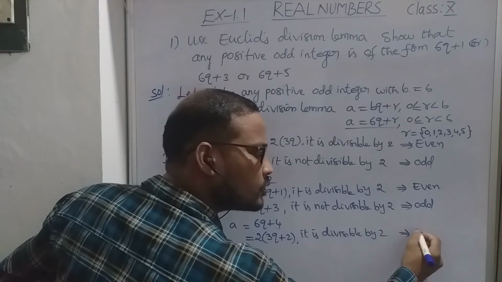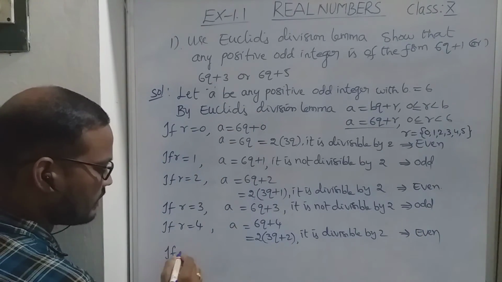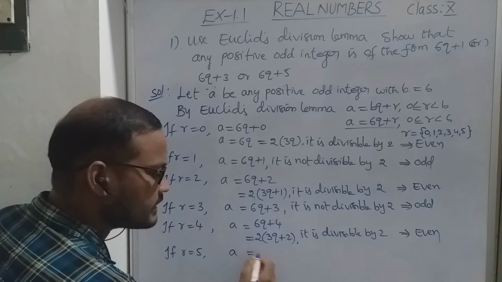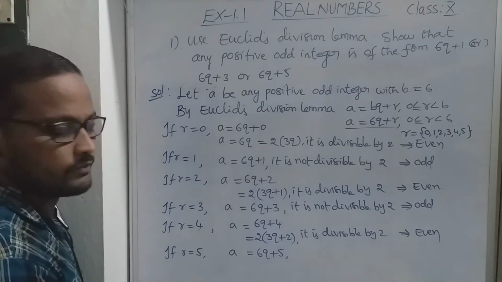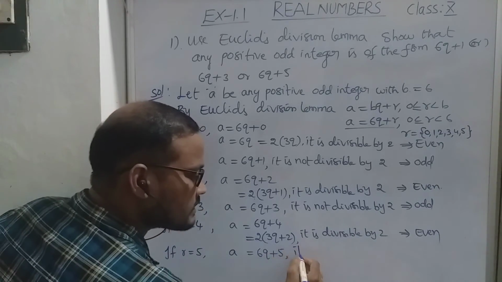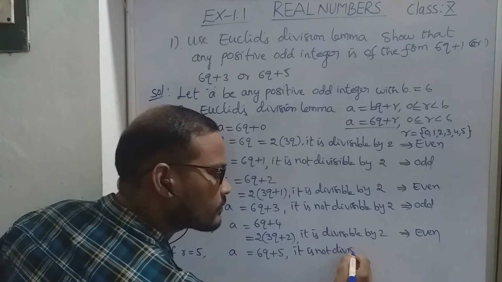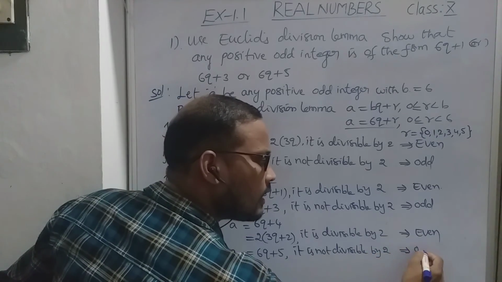So it is divisible by 2, which means it is called an even number. Next, if r is equal to 5, then a is equal to 6q plus 5. It is not divisible by 2. So it is an odd number.